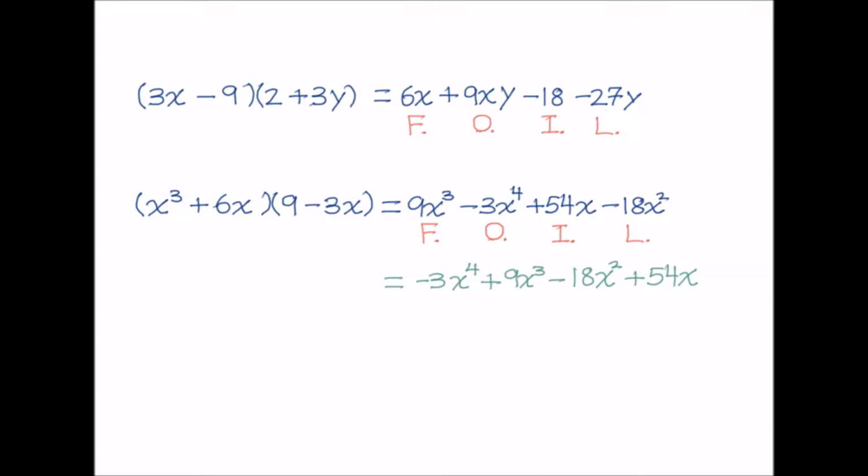So for our answer, we write negative 3x⁴ + 9x³ - 18x² + 54x.